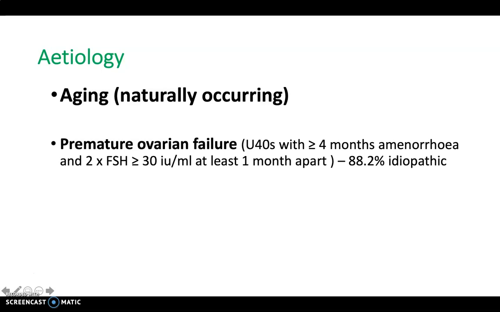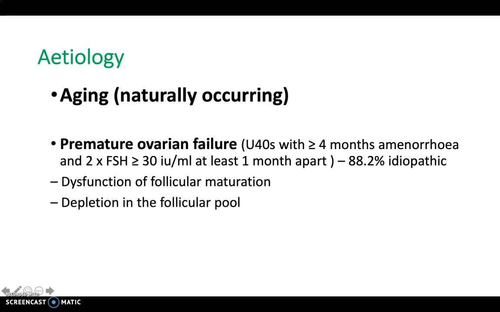This is defined as women under the age of 40 with more than 4 months of no periods and 2 recordings of FSH levels which are greater than 30 international units per milliliter, taken at least 1 month apart. The majority of cases tend to be idiopathic. Now, this is achieved through 2 mechanisms, either through the dysfunction of follicular maturation or depletion in the follicular pool.